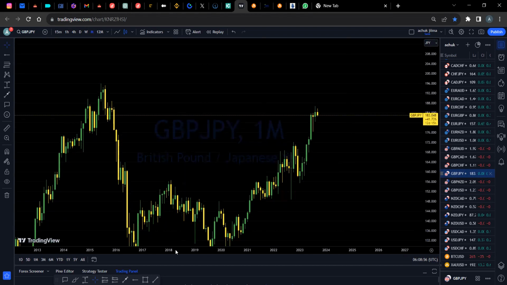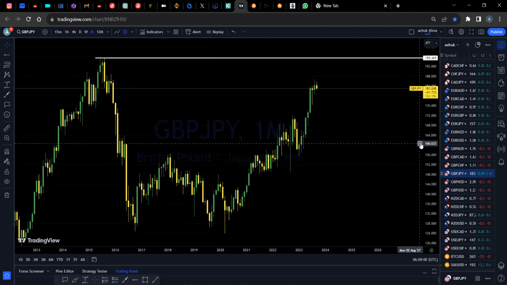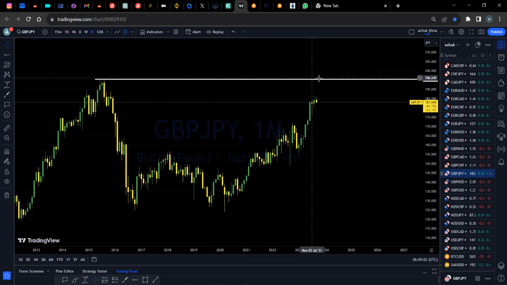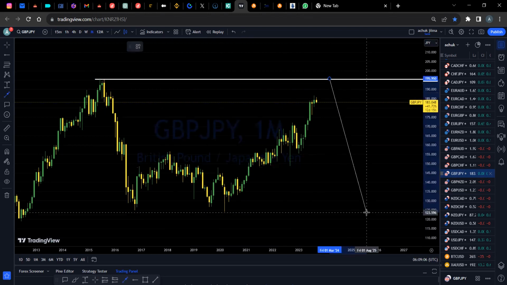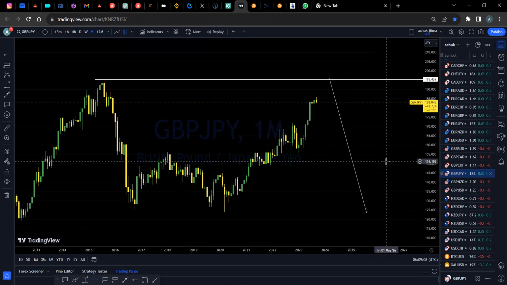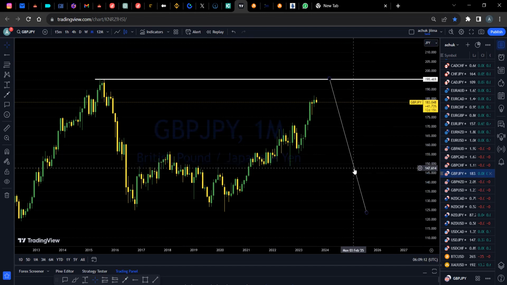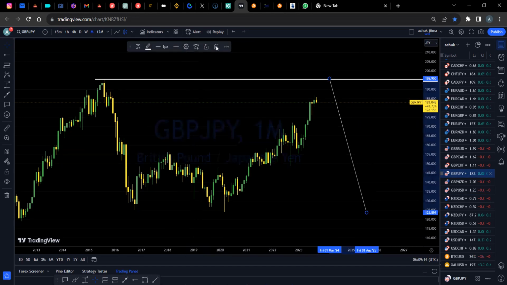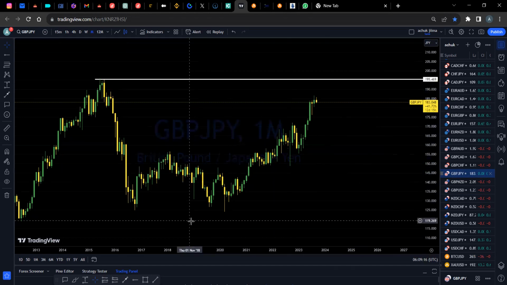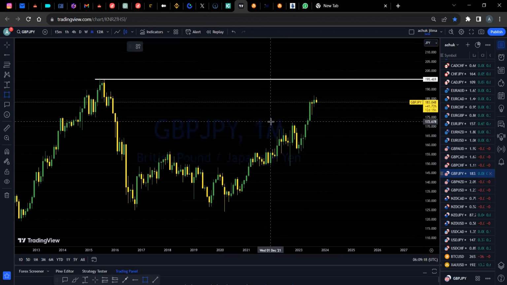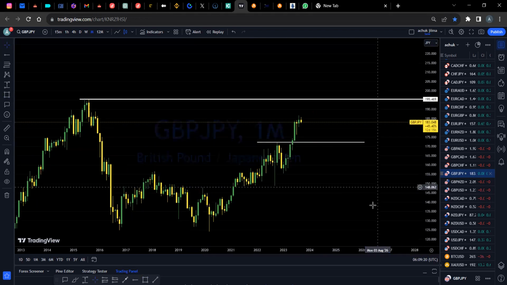The bigger picture has this as our highest resistance area, meaning when the market reaches this resistance area, there will be a possibility of a big downtrend, which will lead to strength of the yen. But we haven't reached that level yet. This is another area of break.